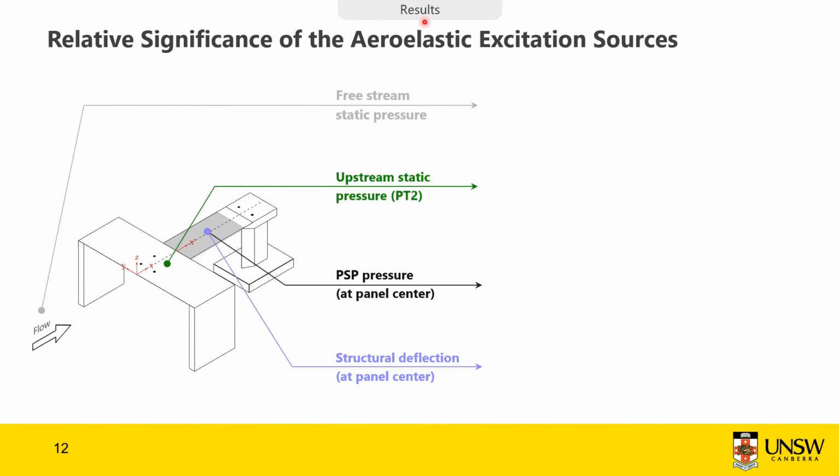First, the free stream static pressure, the time history of that value, measured as per the barrel total pressure and then converted to free stream using isentropic relations. Then the signal from PT2, the pressure transducer at this location, the pressure at the center from pressure sensitive paint, and also the structural deflection from the image tracking algorithm which I just showed.